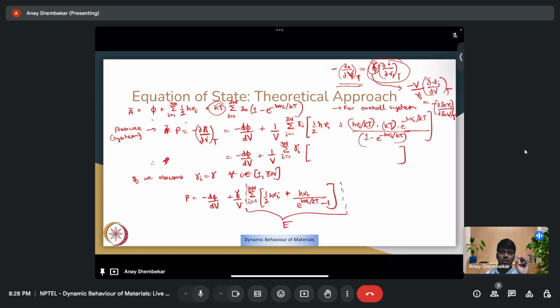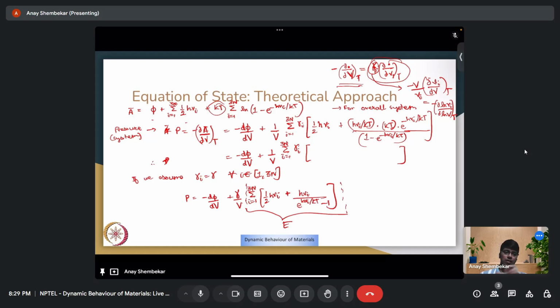Then in the process of differentiating the Helmholtz energy with volume, we changed the differentiation to frequency nu and defined a Grüneisen constant gamma. So that is the Grüneisen constant.